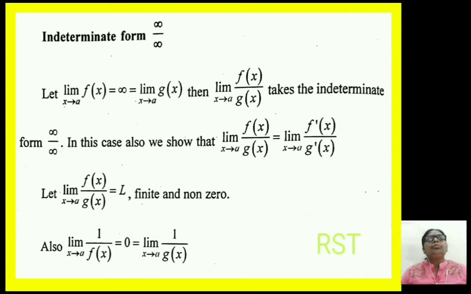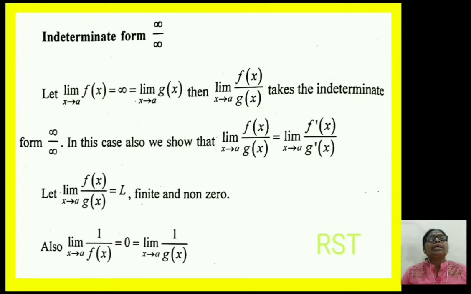Let limit of f(x) upon g(x) as x tends to a equal to L, which is finite and non-zero. Also, limit of 1 upon f(x) as x tends to a equal to 0 equal to limit of 1 upon g(x) as x tends to a.